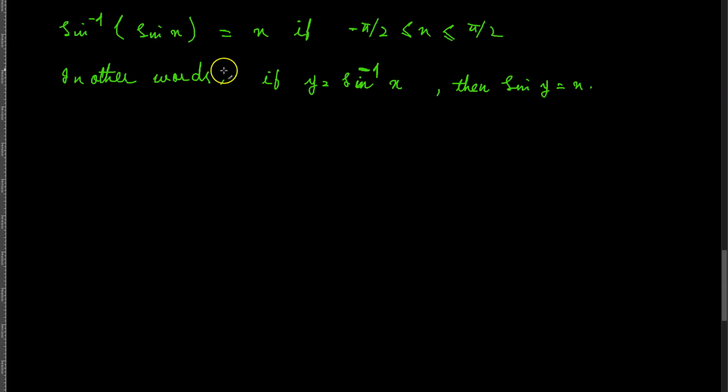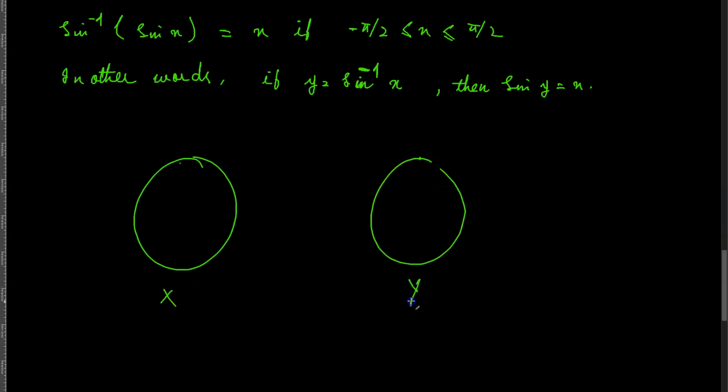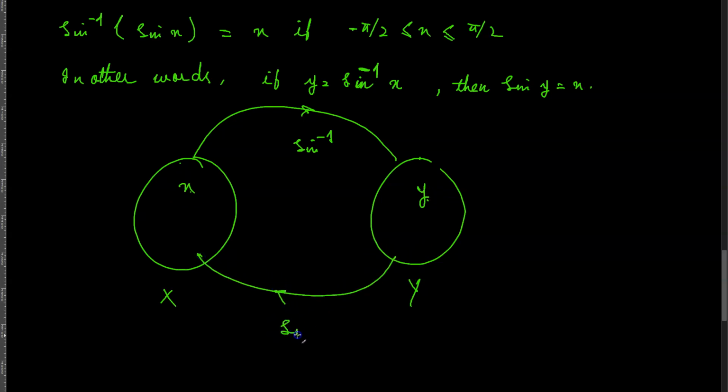Meaning that what they're saying is that you have some set x over here and some set y over here, and you have some function over here, let's call it sine inverse, right? So if I have some x over here and some y over here, and if the sine inverse of x is equal to y, then of course sine of y is going to be equal to x. So it does actually make sense.